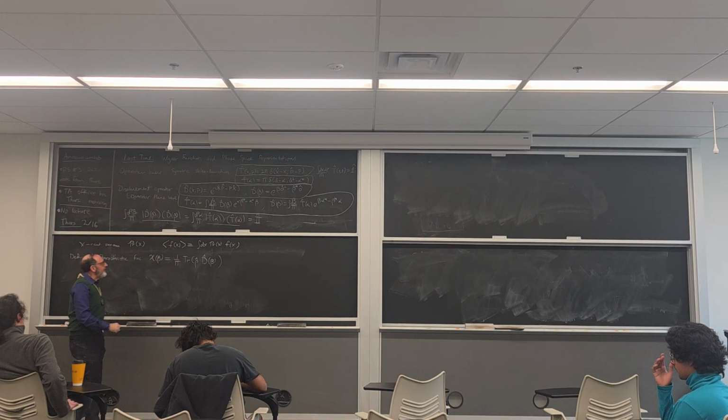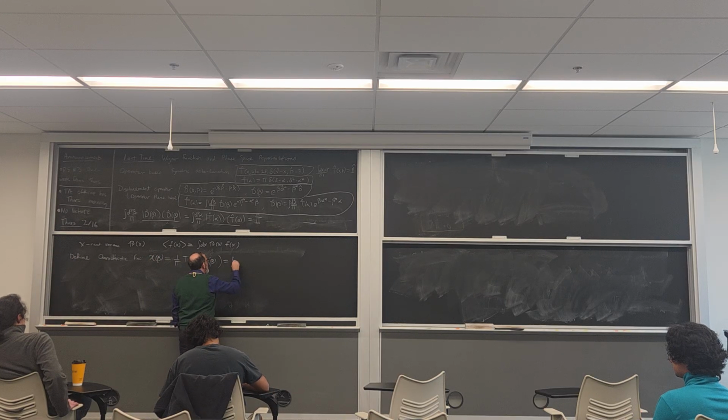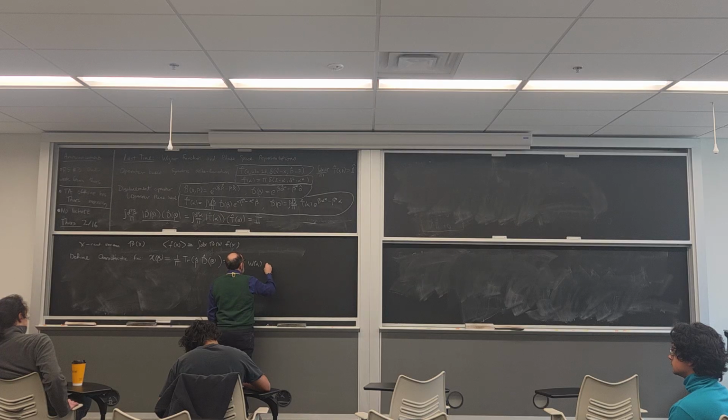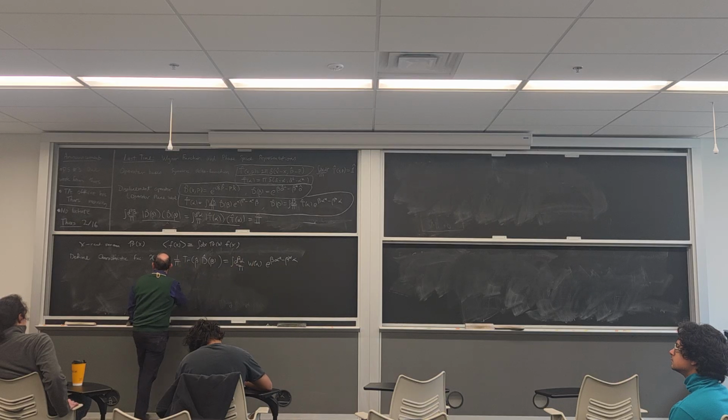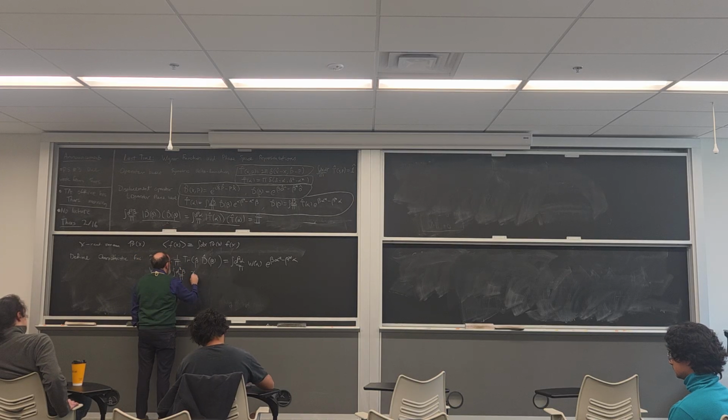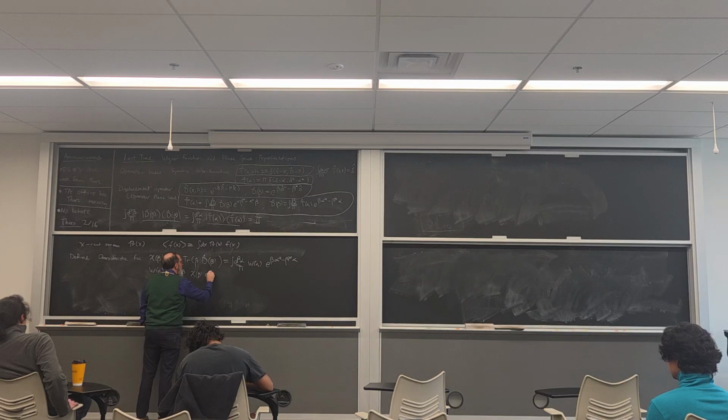Okay? And this is the Fourier transform in the phase plane of the Wigner function. Said another way, the Wigner function is the inverse Fourier transform of the characteristic function. So they're a Fourier transform pair on the plane.